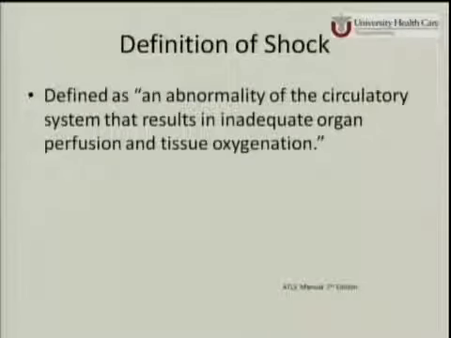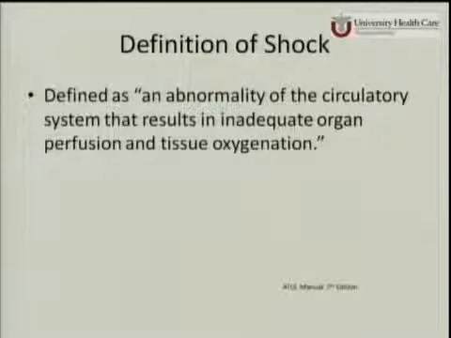So let's first of all define shock. Shock is basically defined as an abnormality of the circulatory system that results in inadequate organ perfusion and tissue oxygenation. So basically, when a patient is in shock, their cells at the cellular level are not getting the oxygen or the nutrients that they need. And as we know, that can't go on for very long.